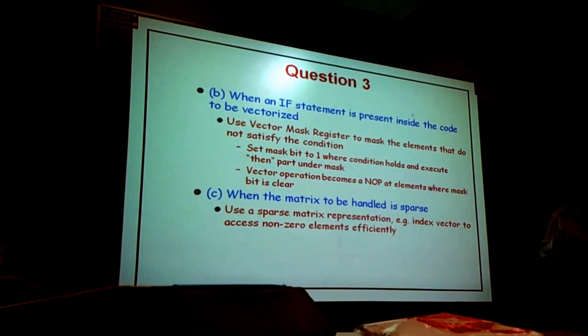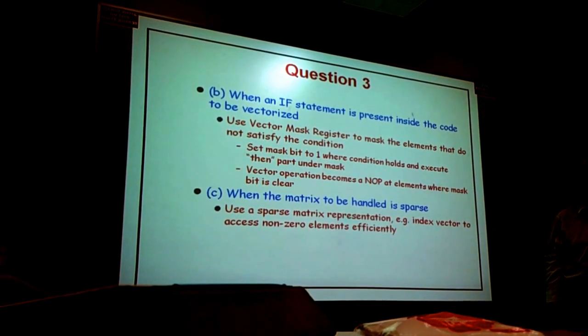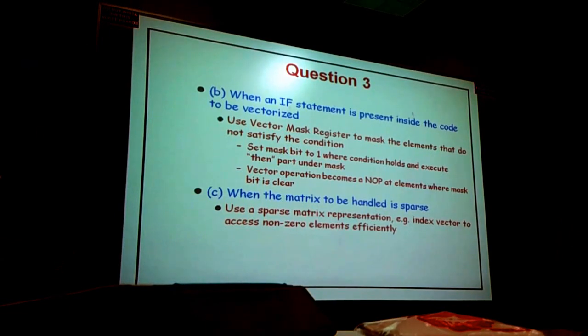Okay, there are different representations, but one common way of handling sparse matrices is to use this technique of index vectors. But again, please go and read about that.